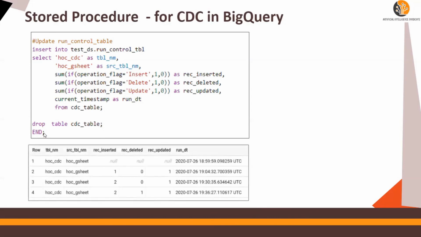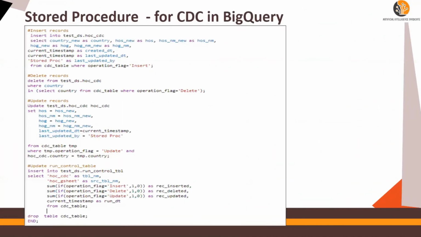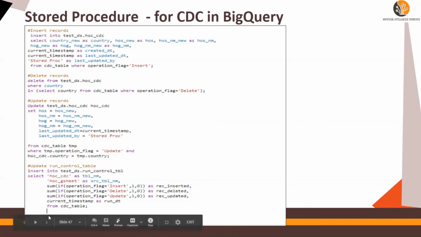As you know, the run table looks something like this. Now, this is the entire second half of the stored procedure, which is insert records, delete records, update records, then update run control table, delete the temp table, and end the stored proc.